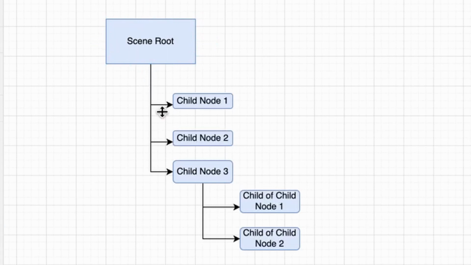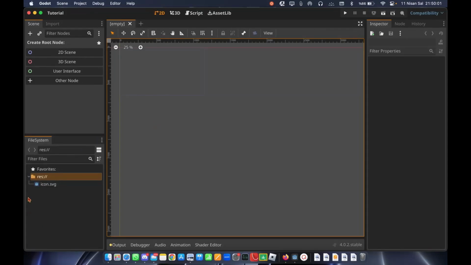I must say that this child actually inherits some properties of its parent in order to make them a parent-child relationship. Those properties might be position in the game world and process mode, depending on what you have set up. Actually, I'm going to show it momentarily, and other stuff we will talk about later.